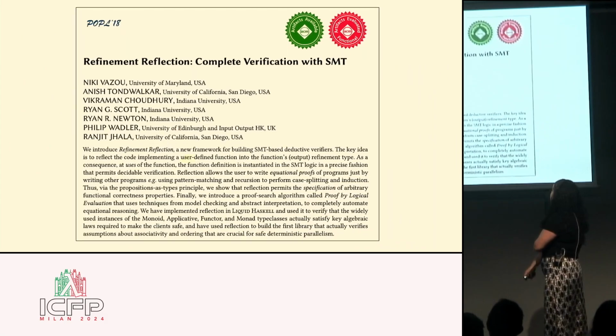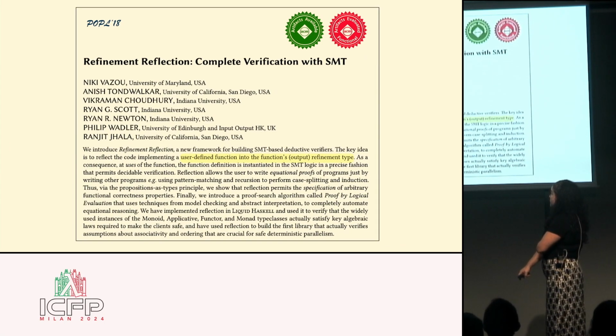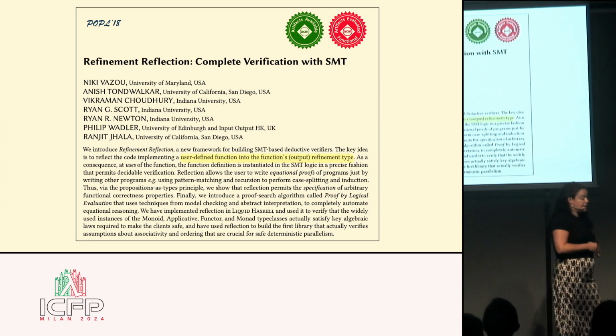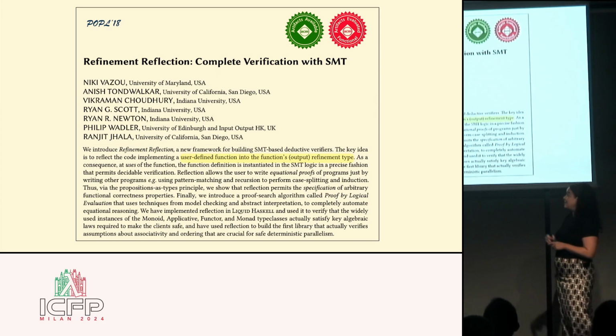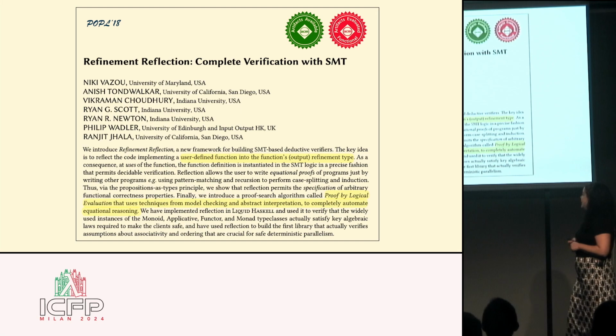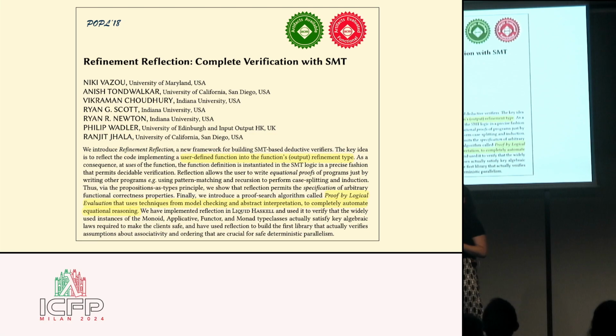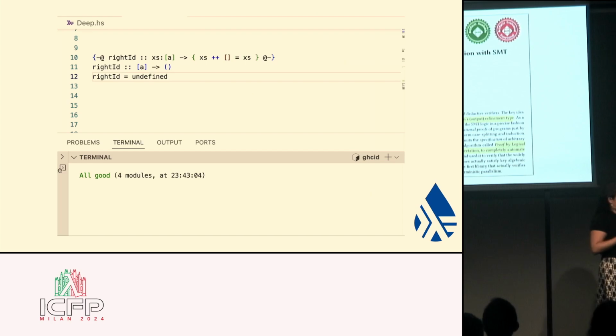Refinement reflection essentially allows the user of Liquid Haskell to use any terminating user-defined functions in the specifications. They also provide PLE, proof by logical evaluation, to automate reasoning when you use user-defined functions.